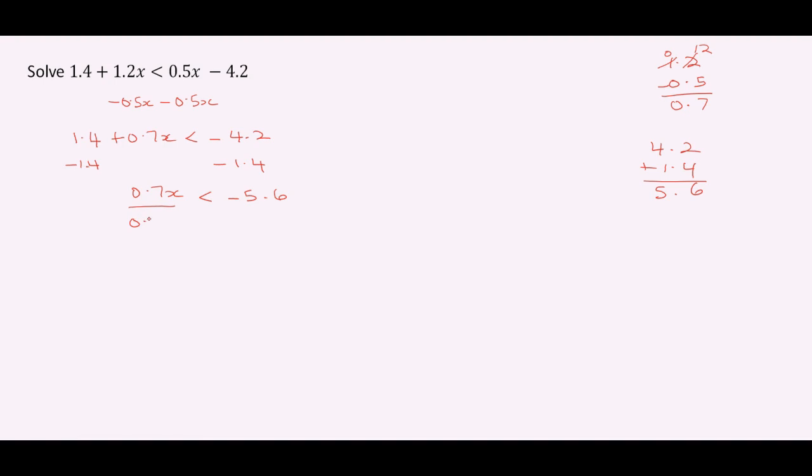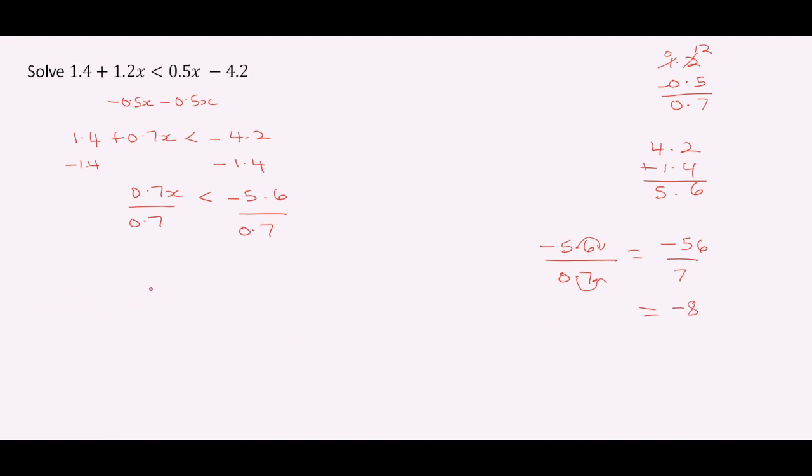We divide both sides by 0.7, and so we have minus 5.6 divided by 0.7. You're going to move the decimal to that side, so that's going to be 7. And then we also move the decimal to that side, so that's going to be minus 56, which is going to give you minus 8.